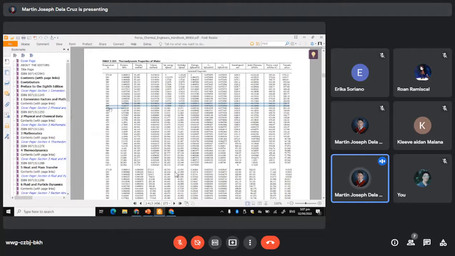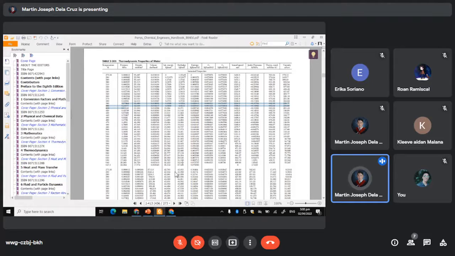Okay. So it's around 390 to 400 degrees Kelvin, I should say. Isa-isa na kaya class. So, isa na yung kumuha sa temperature, isa na sa saturated liquid, isa na sa saturated vapor. Isa-isa na. So, who can get the temperature? So, and then saturated liquid, saturated vapor. Para mabilis tayo.